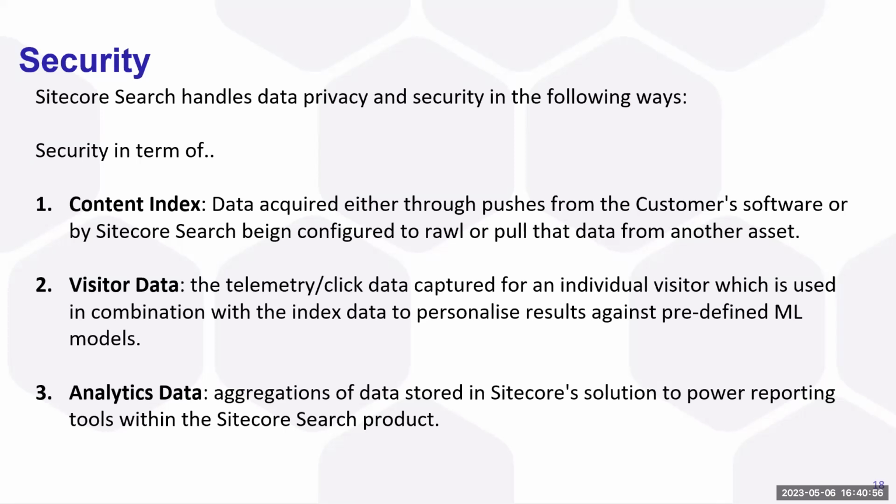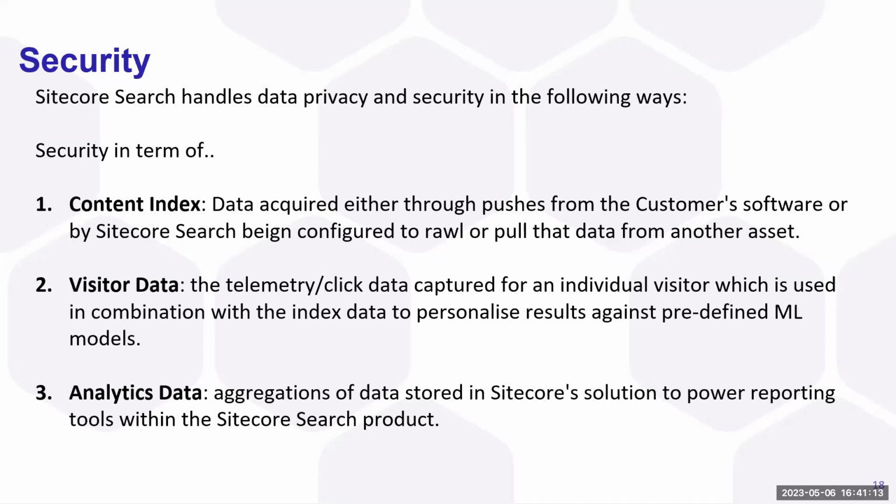That is the aggregation of data stored in the Sitecore Search solution to power the reporting tool and the recommendations, with requirements related to the storage of the data and the granularity of PII data stored.